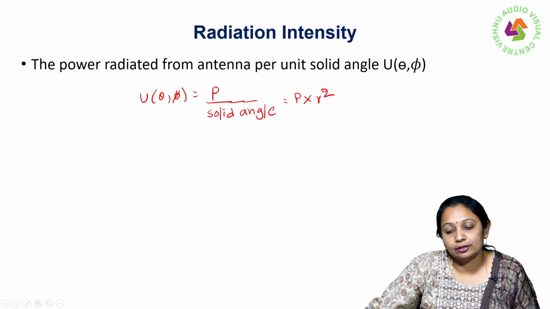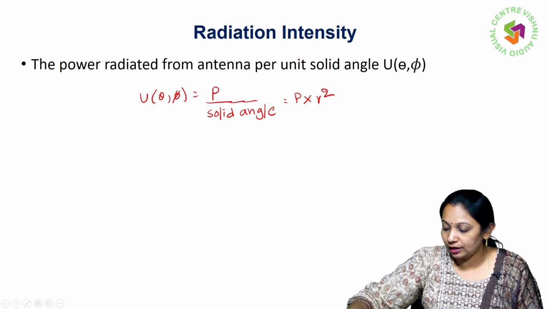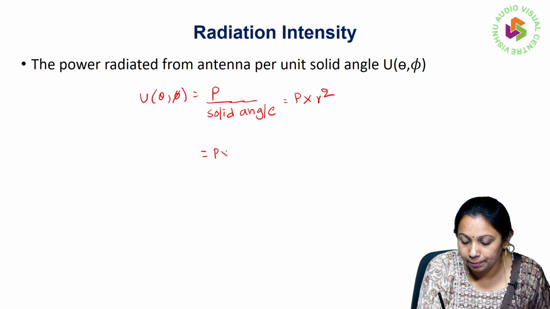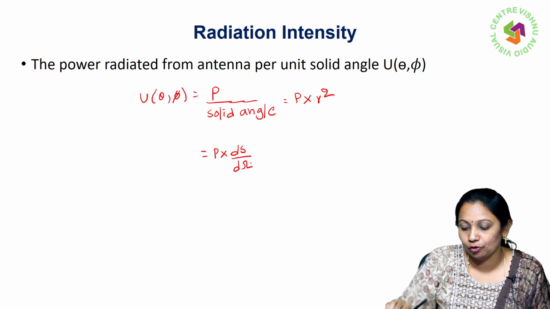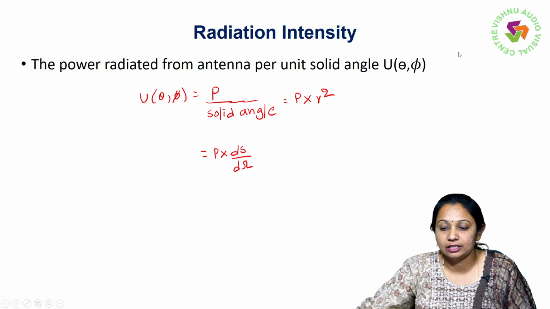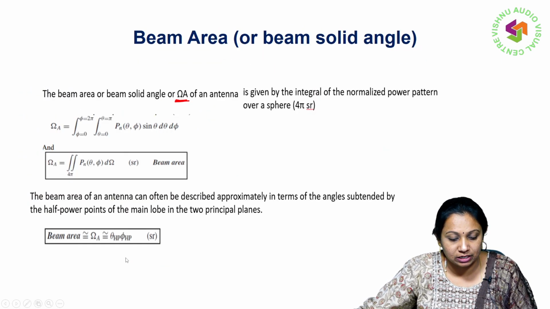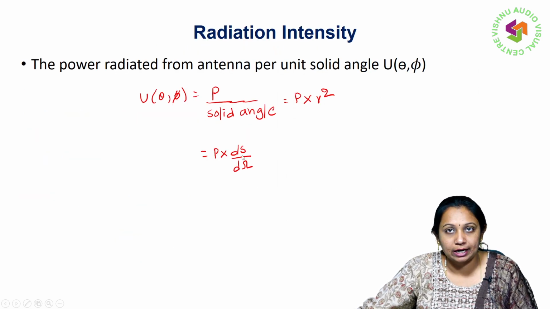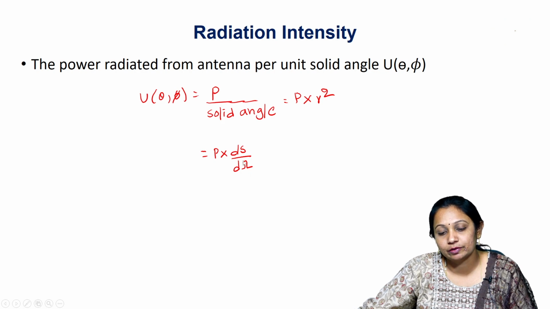The same can also be written as P into dS by dΩ, where we have seen previously that r² is equal to dA by dΩ. In place of this area I am considering dS, or else we can write dA by dΩ. This is one more relation between the radiation intensity and the solid angle.